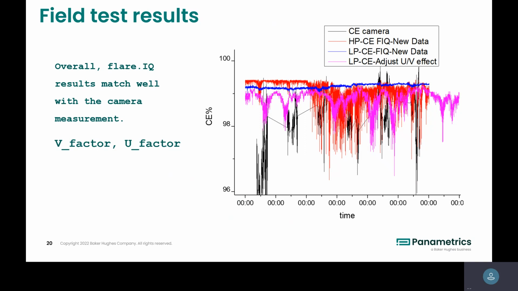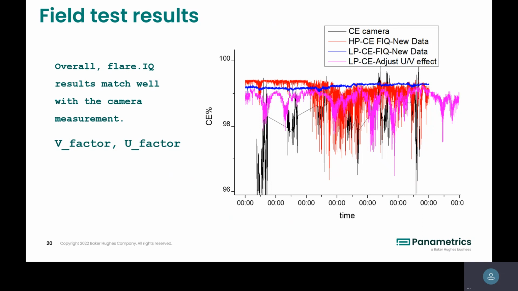Another takeaway is that most upstream flare reporting is based on the design combustion efficiency of 98%. So when you report your flare combustion efficiency, it's 98%.